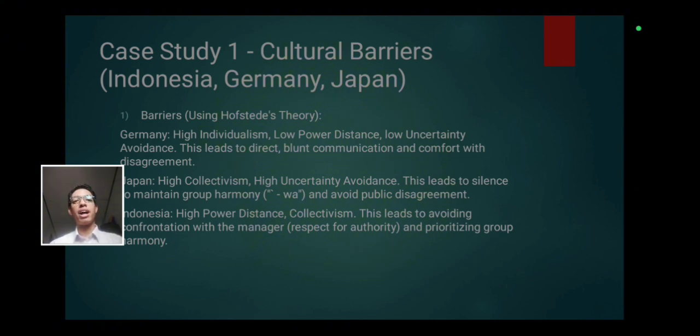Japan: high collectivism, high uncertainty avoidance. This leads to silence to maintain group harmony, like wa, and avoid public disagreement. And Indonesia: high power distance, collectivism. This leads to avoiding confrontation with the manager, respect for authority, and prioritizing group harmony.